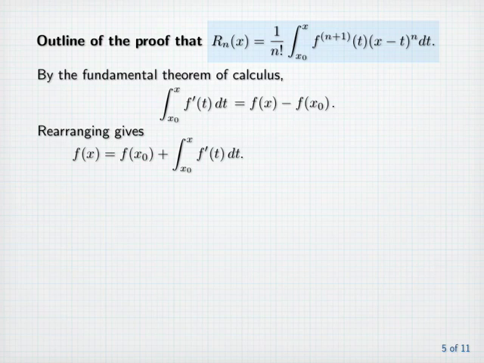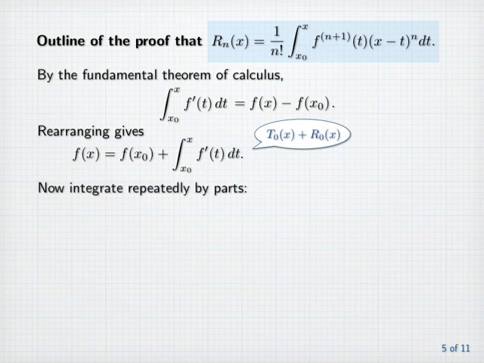Now, f of x0 is just the zeroth Taylor polynomial centered at x0, and so the second term there is exactly equal to the zeroth remainder at x. And notice that integral is exactly the form of the remainder stated in the theorem when n is equal to 0. Now we're going to integrate repeatedly by parts.